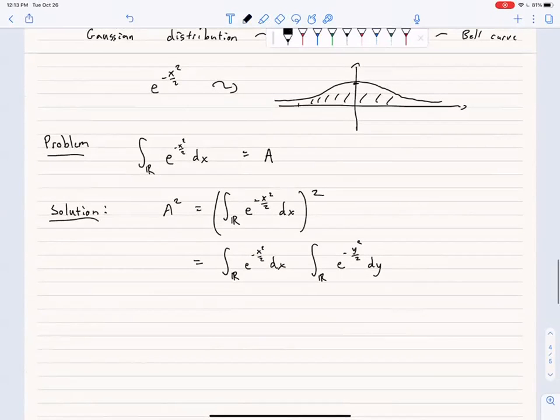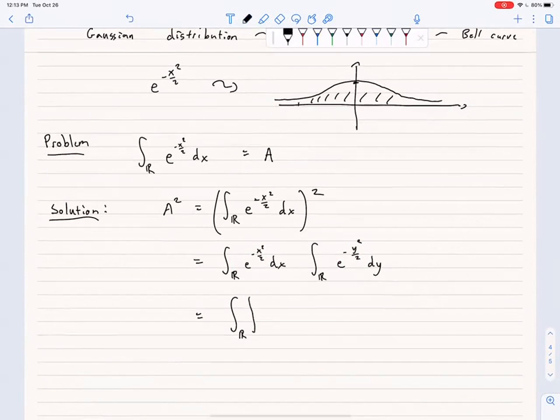Now, this double integral I can write as an iterated integral. I'm just doing an integral each time. Since there's no Y dependence here and there's no X dependence here, I can do this as an iterated integral.